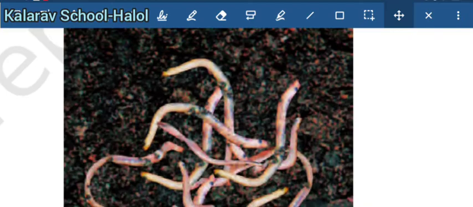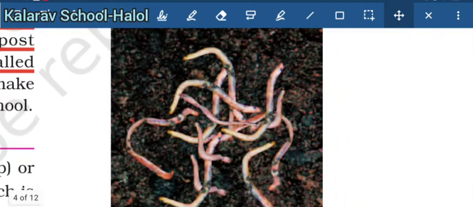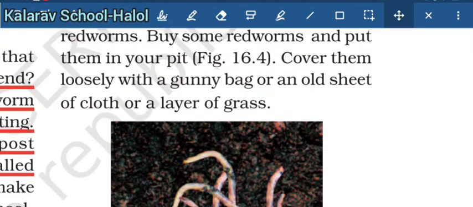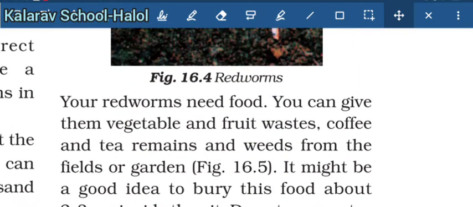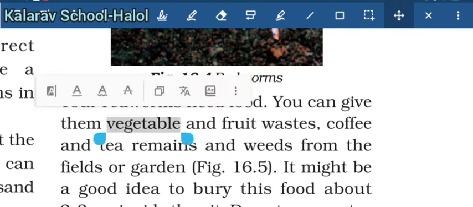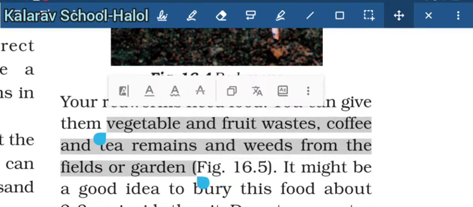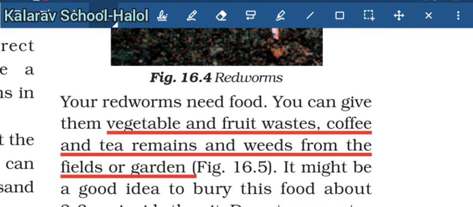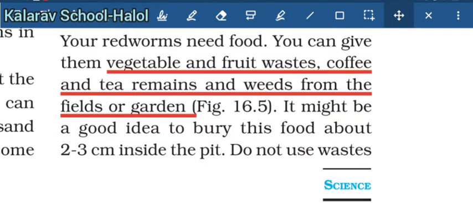As you see here, the pit is ready and you spread the red earthworms. Then sprinkle some grass, gunny bag or old sheets. Your red worms need food, so you can give them vegetable and fruit waste, tea remains, and weeds from the field or garden. This acts as food for the red worms.